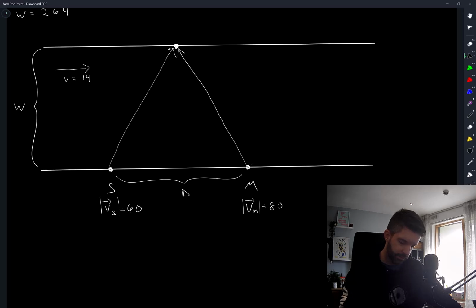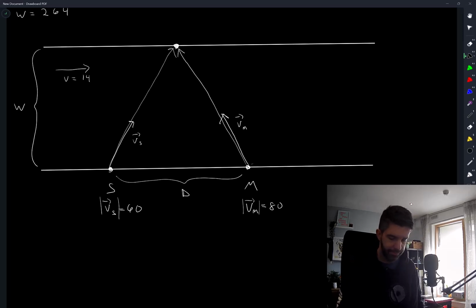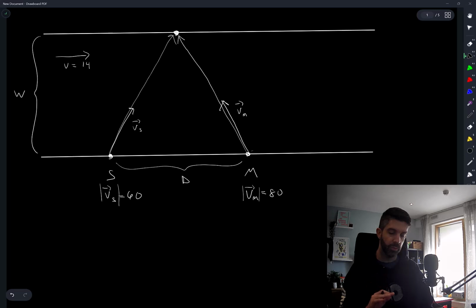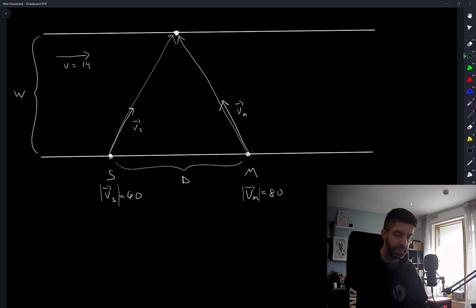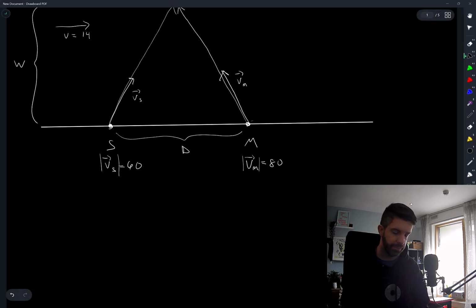So we have VM pointing in that direction, and VS in that direction. That's their swimming speed, though. Their actual speed will have an additional horizontal component equal to 14. But the vertical components are the same because they arrive there at the same time.